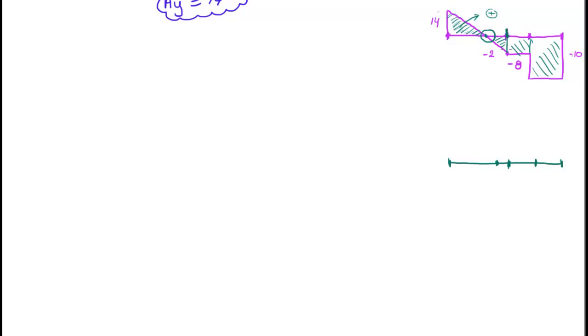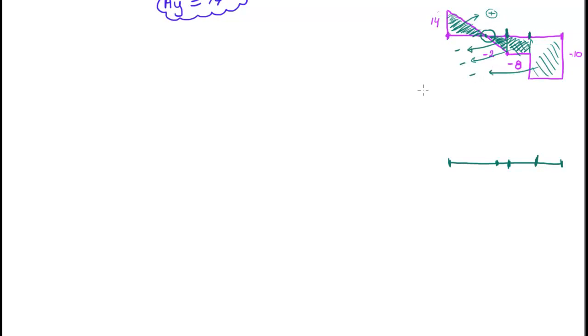The value of this area plus the value of this area will give me the value of the moment at that point. What about this one, which corresponds to this one? It's the value of that area plus that area plus that area, and if I sum them, I'll get the value of the moment diagram at this point. Keep in mind, the area on top is positive, and all the areas here are negative.